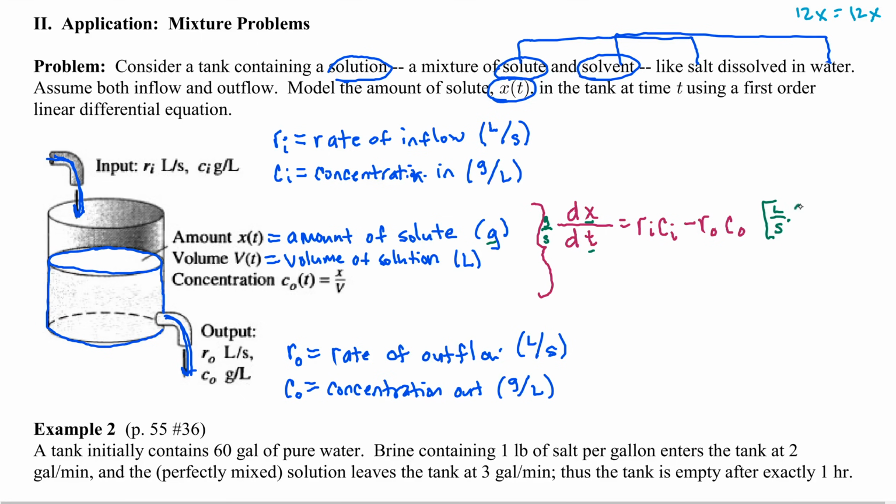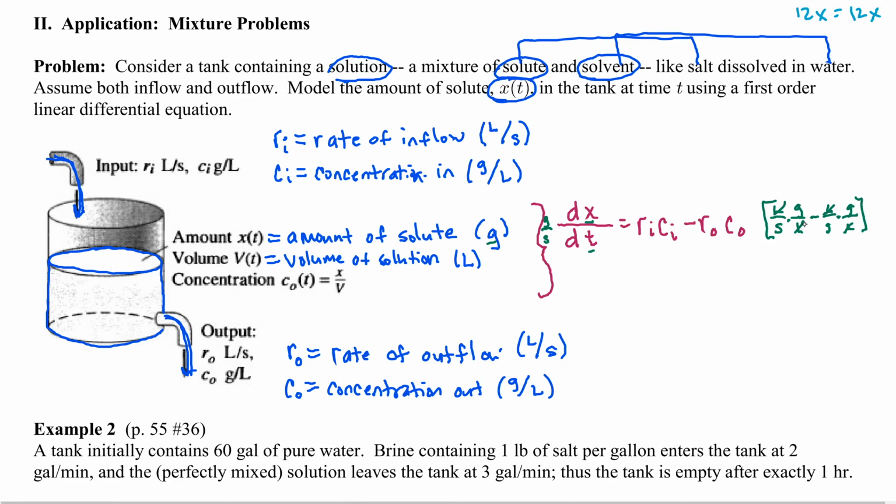The concentration in is grams per liter. Same thing with rate out and concentration out. The rate of outflow is liters per second, and the concentration out is grams per liter. And if we cancel our common factors here, grams per second on the left matches the grams per second on the right. So looking at the units is always a good way to make sure that you have constructed your model appropriately.